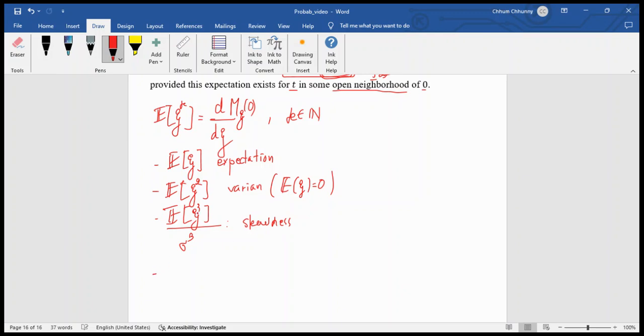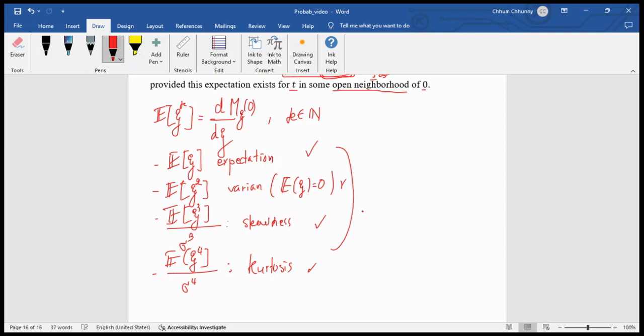In the case that the moment is of order 4, and we scale it by σ to the power 4, where σ is the standard deviation, it provides us information about kurtosis. So these are the benefits of the moments. When we know the moments, we can know about the expectation, variance, skewness and kurtosis.